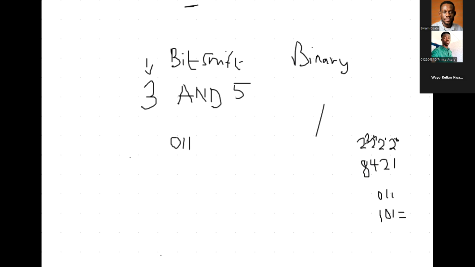This is for 5, this is for 3. So we are doing 3 and 5. We have the binary of 3, and the binary of 5 is also given.